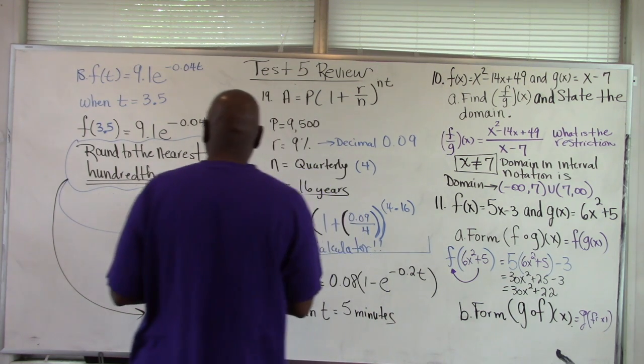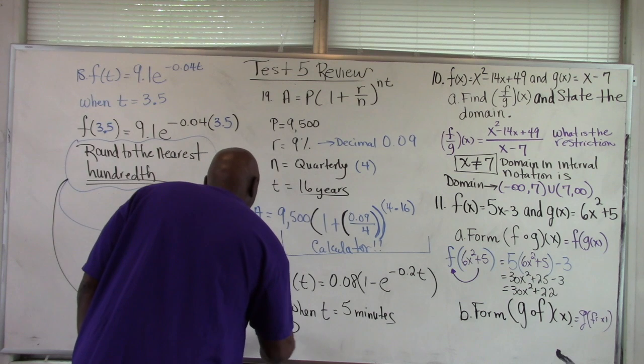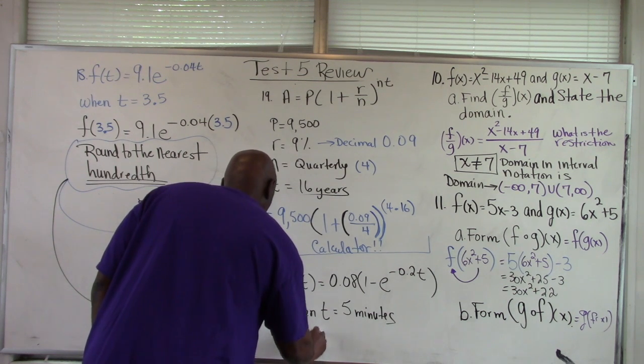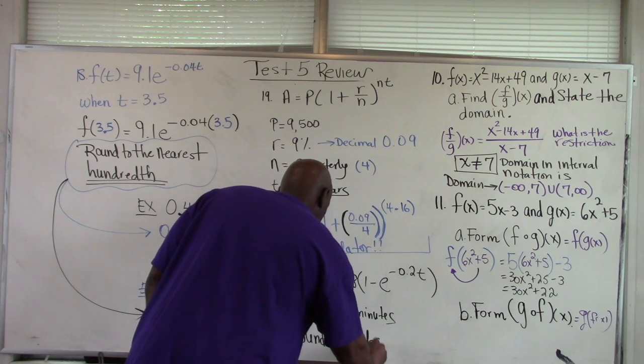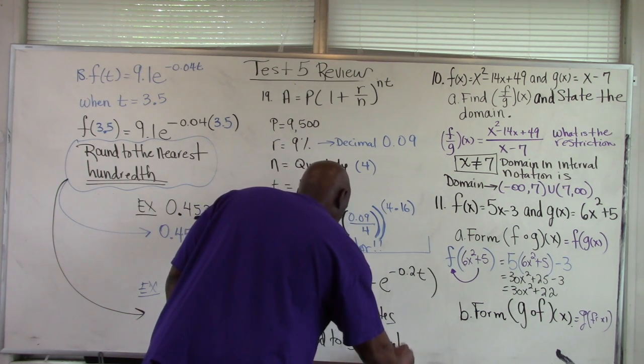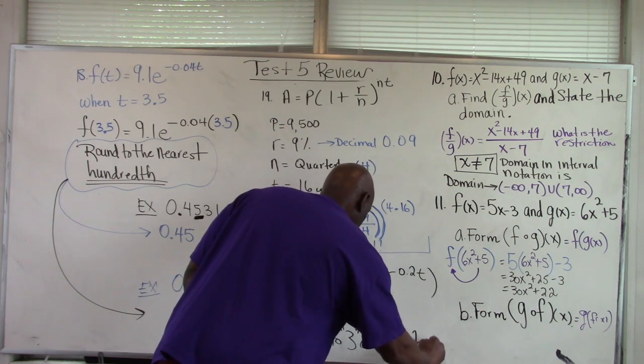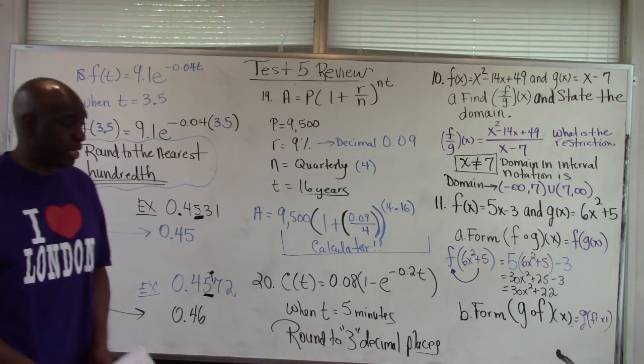When t is 5 minutes, and this time round to 3 decimal places. Round to 3 decimal places.